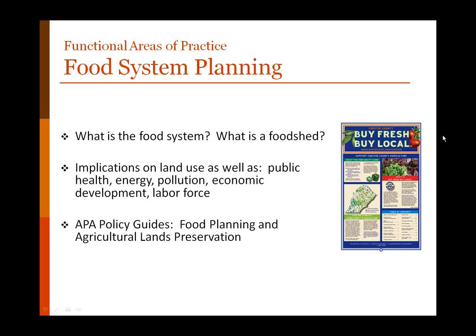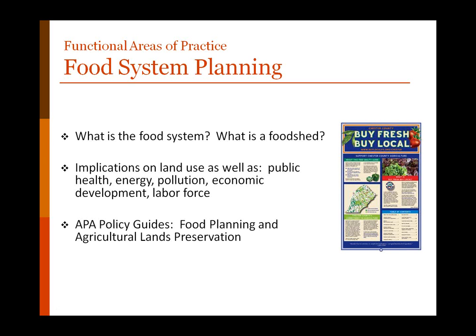And that has certainly been changing over the past 10 to 15 years, thinking more about the food system, identifying a food shed for a city, and then the implications, not just on land use, but on public health, energy, pollution, economic development, and labor force. And the food planning policy guide for APA goes into that type of thing much more. They also have an agricultural lands preservation policy guide, which is certainly good to know, but I think the food planning guide is probably a more unfamiliar topic to people in general.